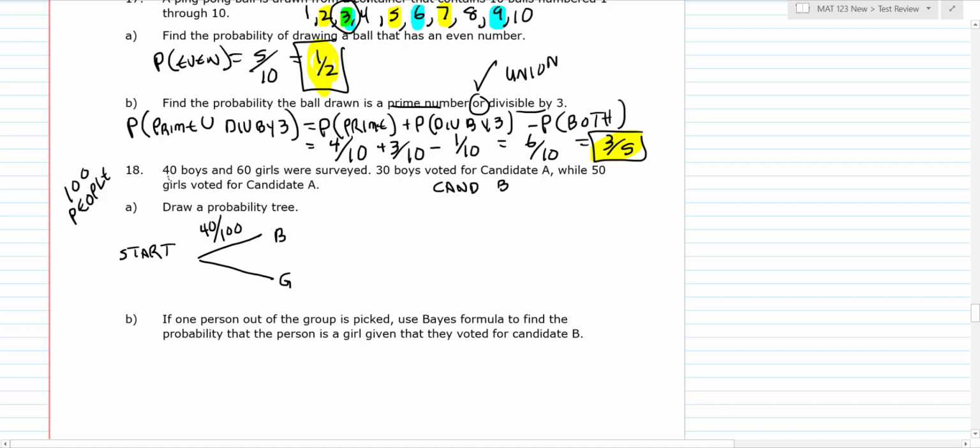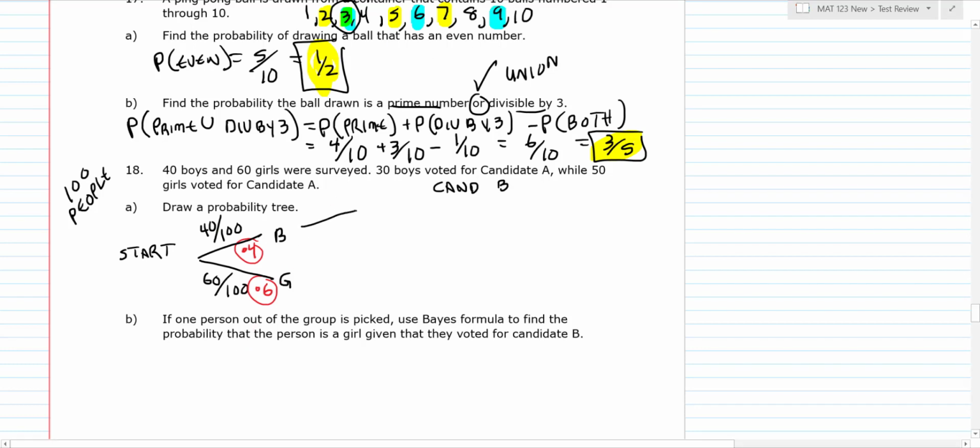There's a 40 out of 100 chance that it's a boy, and a 60 out of 100 chance that it's a girl. You can change these to decimals if you want to, and I'm going to do that as I do this. So this is going to be 0.4, and that's going to be 0.6. The key thing is those individual probabilities should add up to 100%.